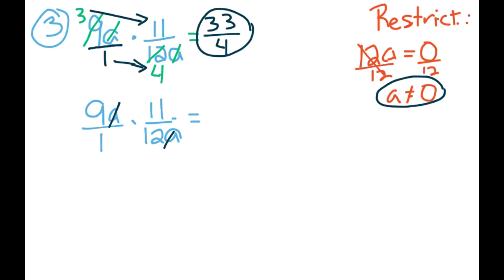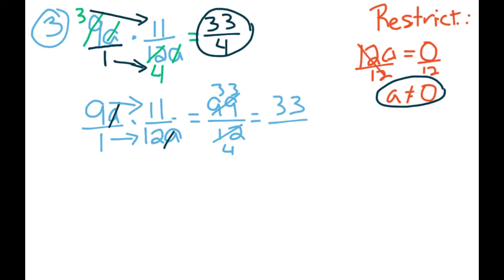Well, all that's going to happen is we're going to go 9 times 11 is 99, 1 times 12 is 12, and then I can reduce from here. 3 goes into 99 33 times. 3 goes into 12 4 times. And I still have the same answer. So whichever way you're more comfortable, you can multiply everything first and then reduce, or you can reduce, multiply, and then reduce anything else if it needs to.